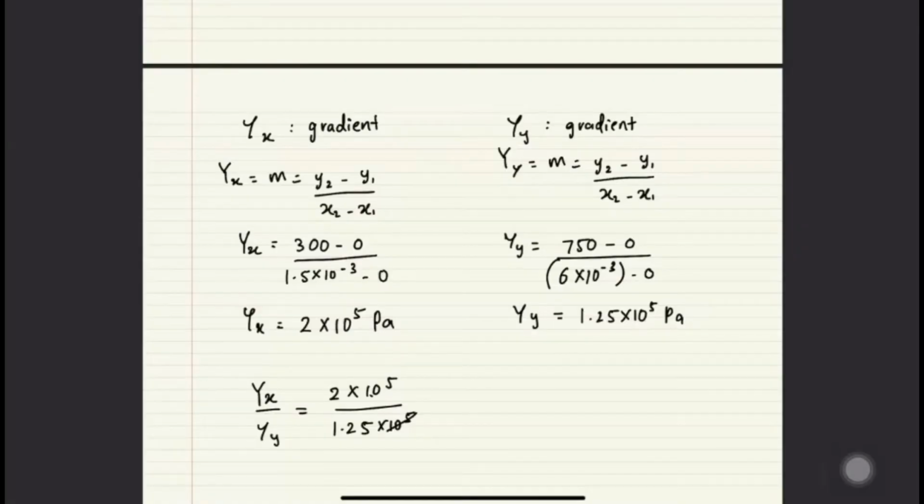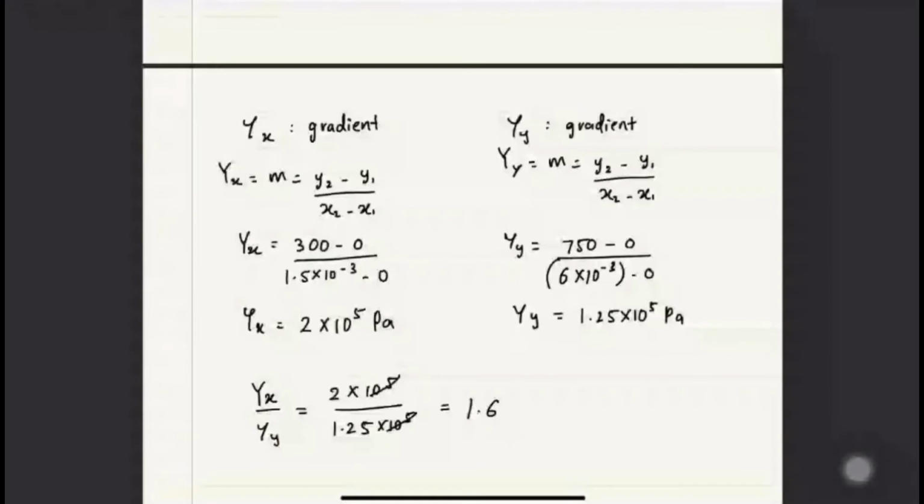Okay, ini boleh cancel out. So you left with 2 divided by 1.25, you should get 1.6. So this is the ratio. Ada unit ke tidak? No. Okay, very good. Okay, that's it for question number 9. Thank you, Fidai. Sekarang ni question number 10.